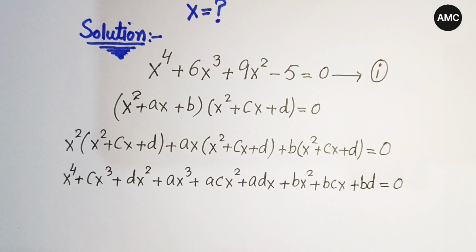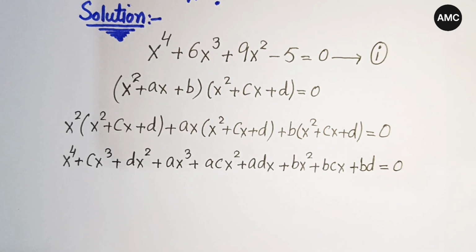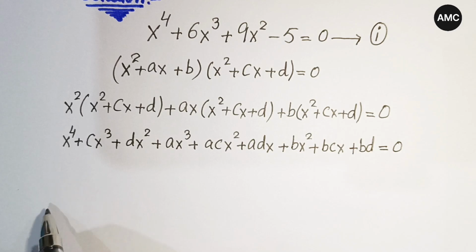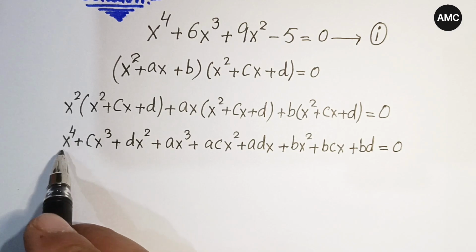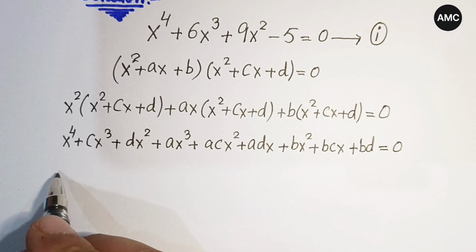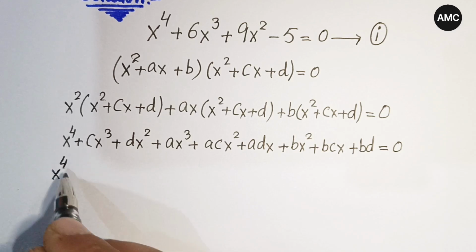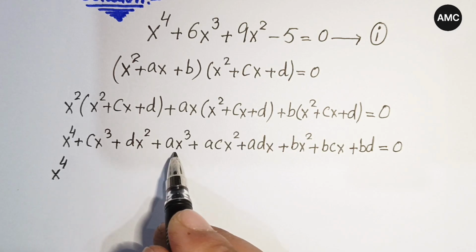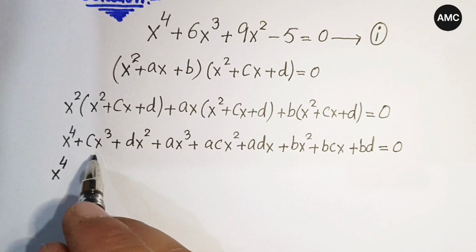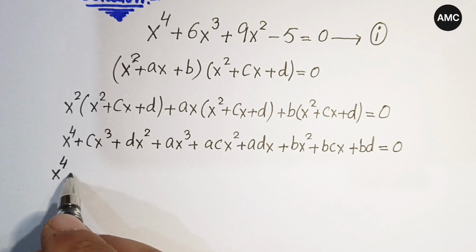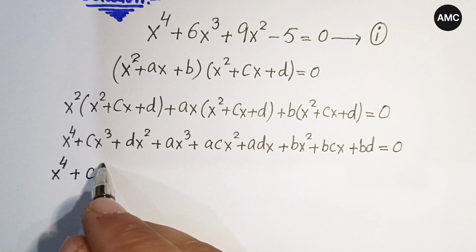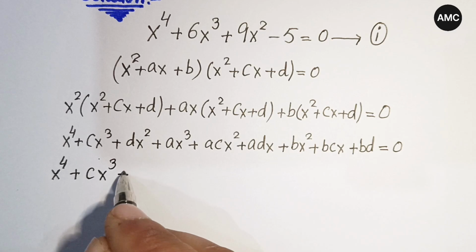Now if we combine like terms having power of x cubed, x squared and x to the power 4, we see that we have only one expression having power of x to the power 4. Now here it is cx cubed, it is ax cubed. Combining these two expressions, we write plus cx cubed plus ax cubed.